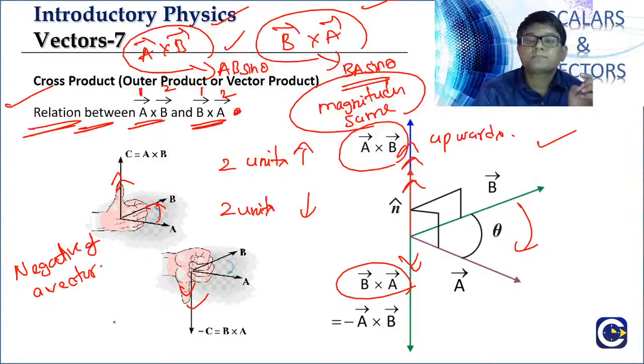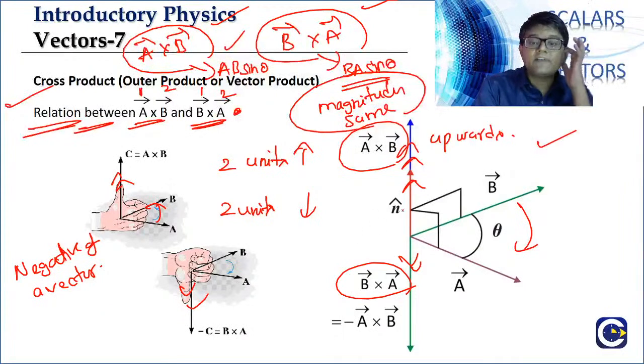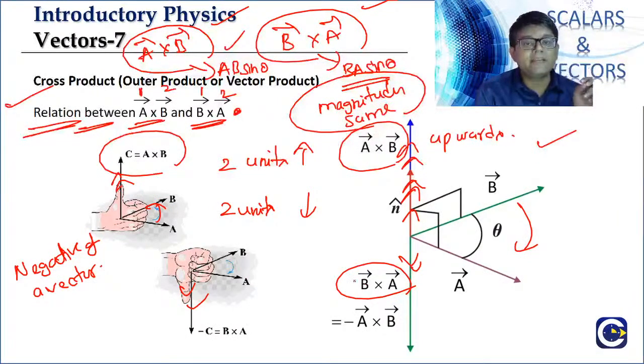If you have two vectors whose magnitudes are equal but directions are exactly opposite, we call them the negative vector of each other. Means, if we call A cross B as C, then B cross A will be exactly what?